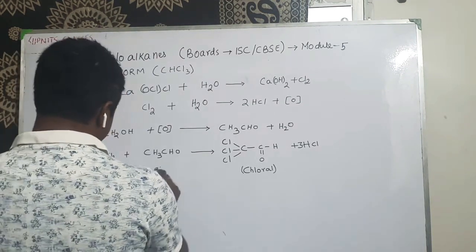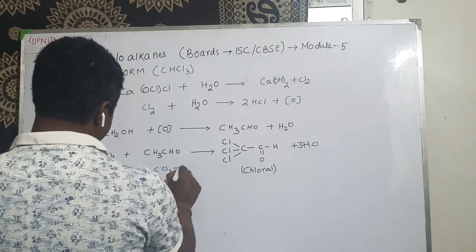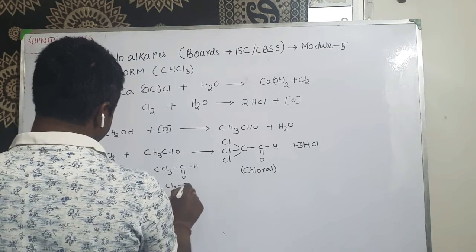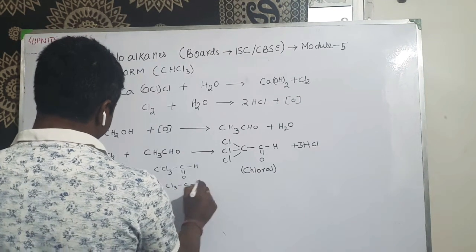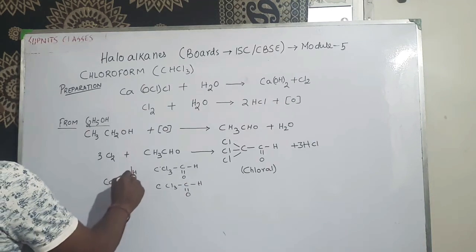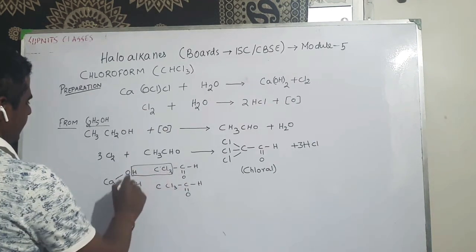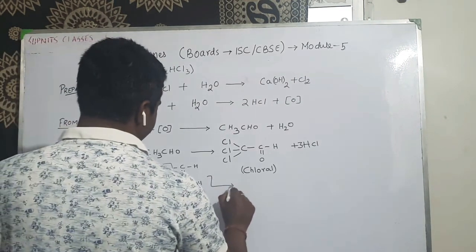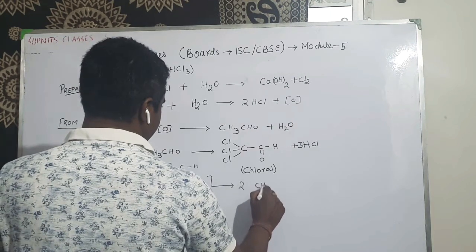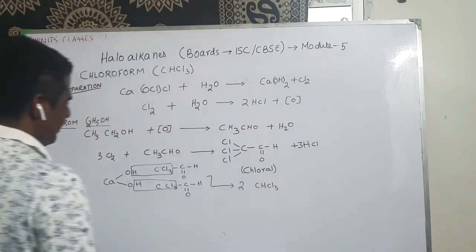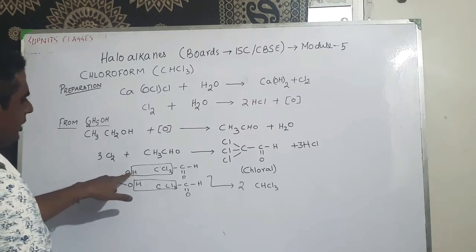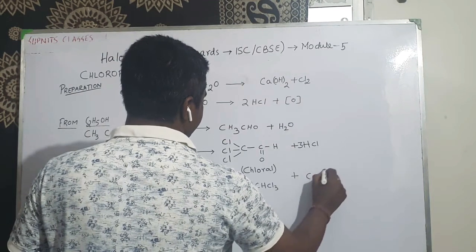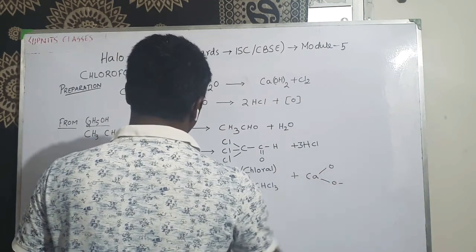CCl3CHO. Here you will take another CCl3CHO. Okay, so this will break and this will form 1 molecule of CHCl3, and again 1 molecule of CHCl3. So 2CHCl3 plus, now this oxygen has 1 bond open and this is also open, so just join this, CaOO, nothing else.